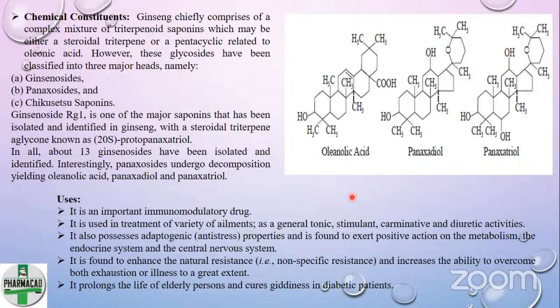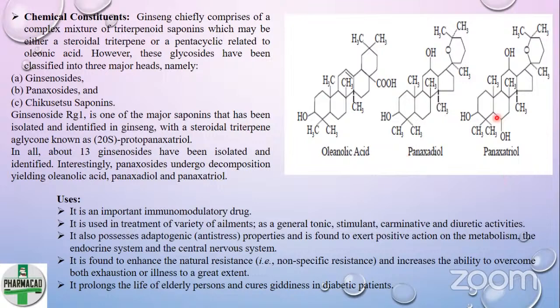In all, there are 13 ginsenosides that have been isolated. And interestingly, panaxosides, when they undergo decomposition, will give oleanolic acid, panaxadiol, and panaxatriol.